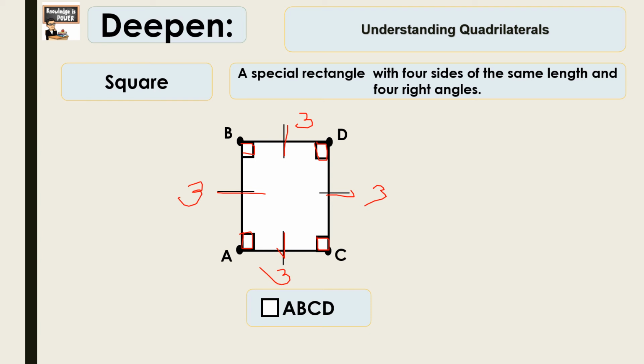If you figure it out, why is it a special rectangle? Because it is a perfect four-sided polygon. It has the same angle measurement, which is 90 degrees, all of them are 90 degrees, and all sides are equal. So it has to be said that it is a special rectangle.